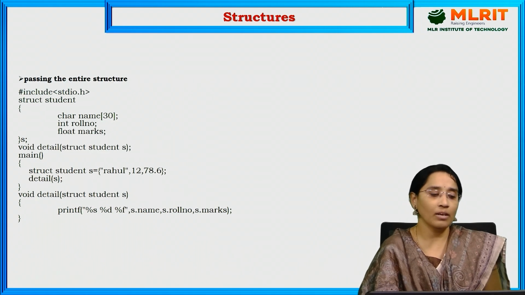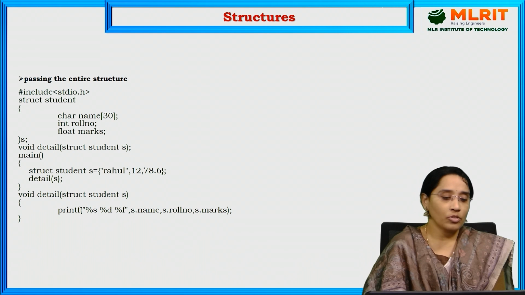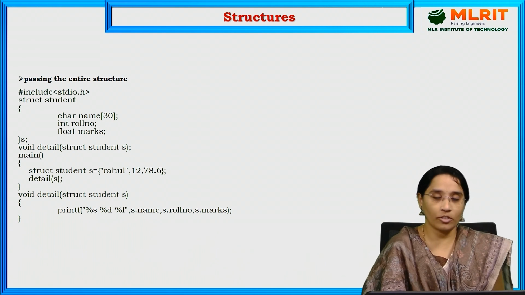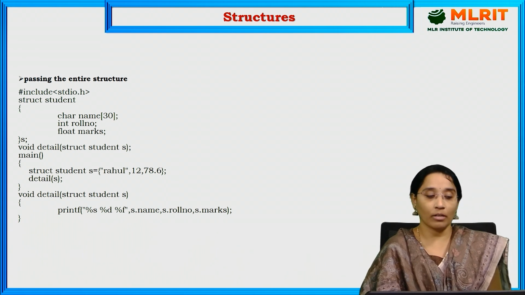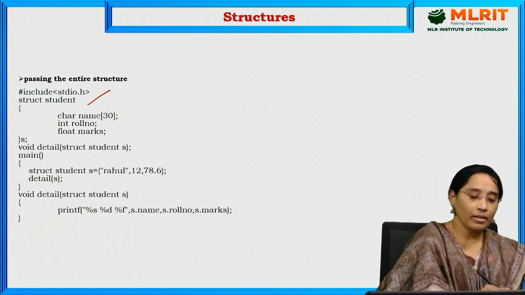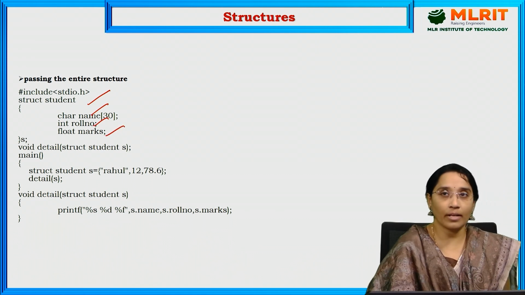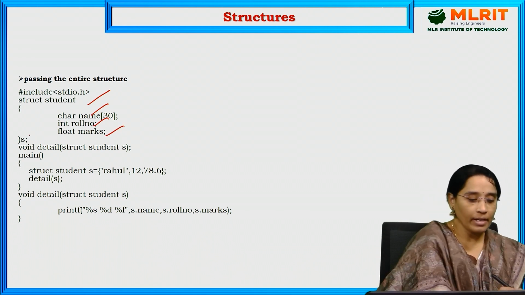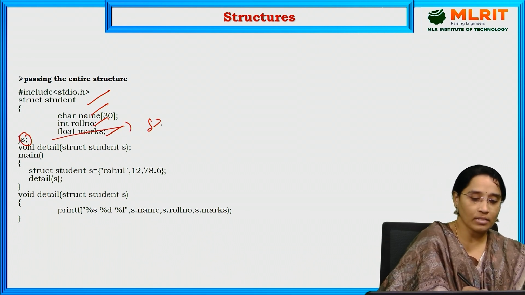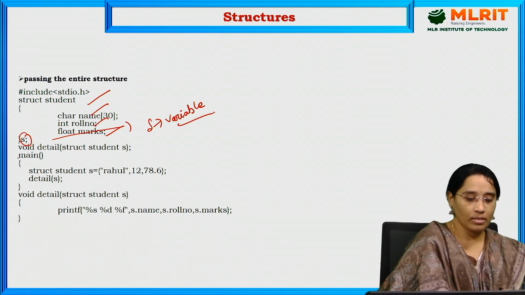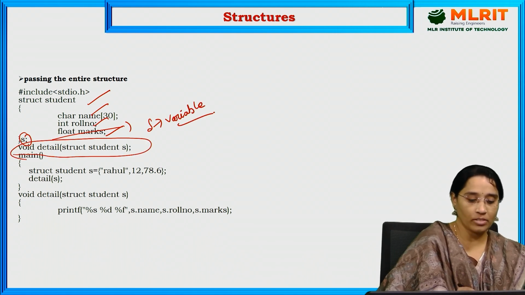Next category, passing the entire structure. So, how to pass the entire structure as a parameter? Again, student name, roll number and marks are the members, and a variable s was taken. Next, this is your function declaration.